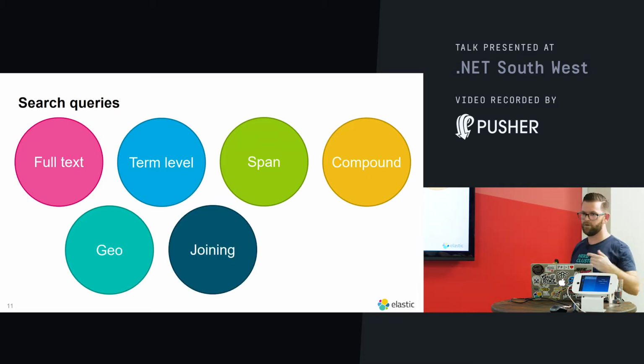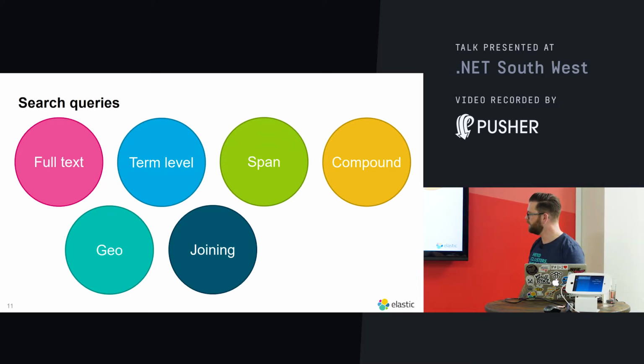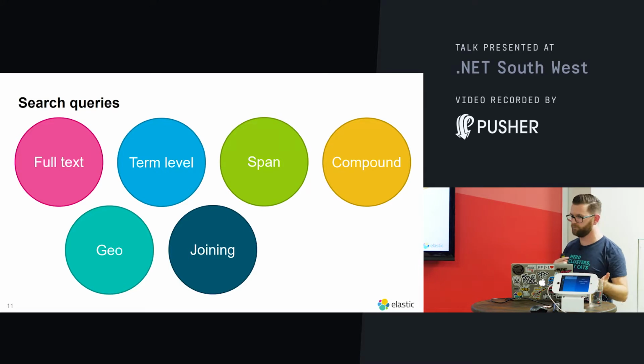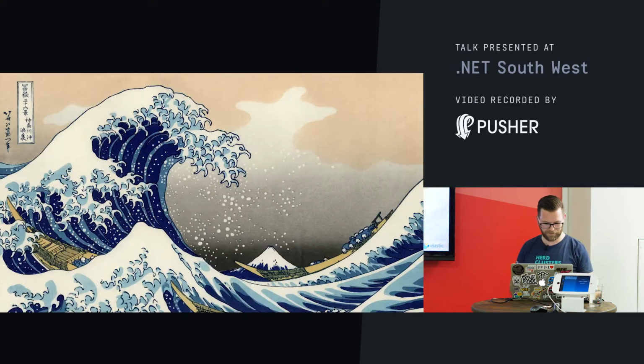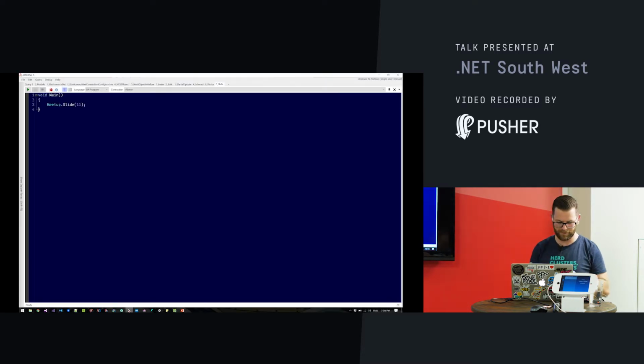Joining queries, so I briefly talked about nested types there, so that internally is represented as a join between the root document and the nested documents there. But we also have the ability to perform parent-child, as I showed you with the questions and answers, and specialized queries, which are just a different beast altogether. So we will touch on that very, very shortly.